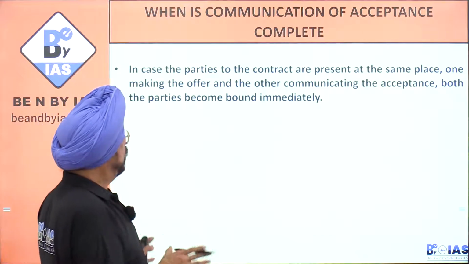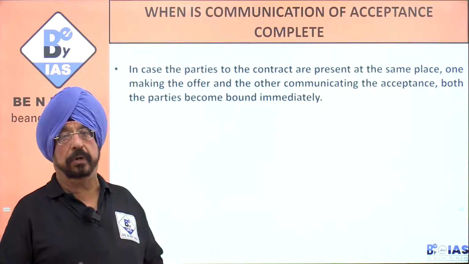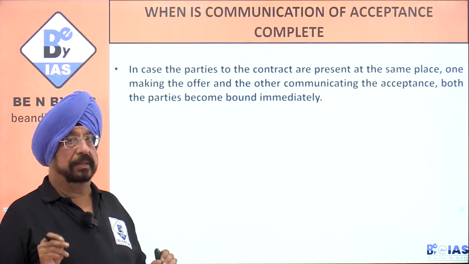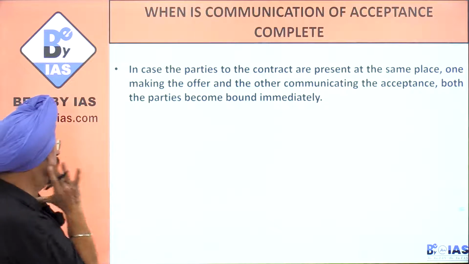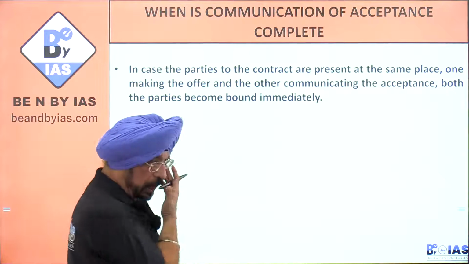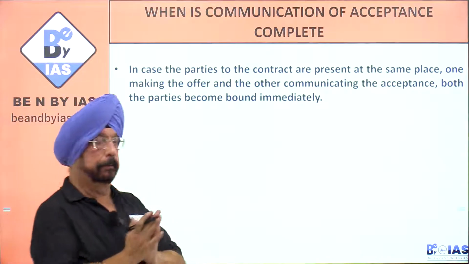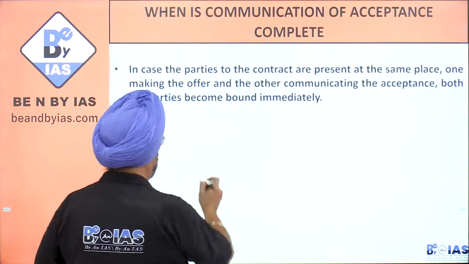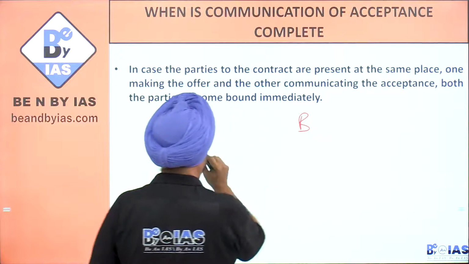When is communication of acceptance complete? Very, very important and a little bit technical also. Now, in case the parties to the contract are present at the same place, there are 2 or 3 conditions in this. A is the offerer, B is the offeree.